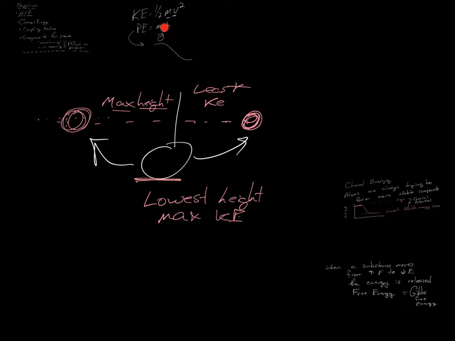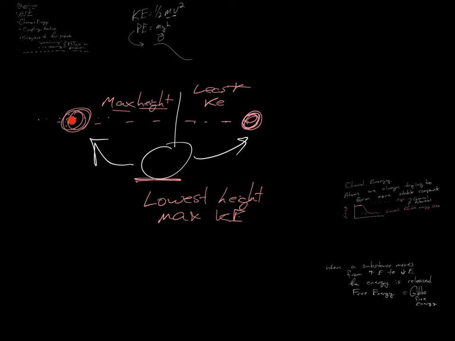Zero height, h is 0, so what's potential energy equal to? Zero. Now, here, the velocity, when it's up here at the top, is not high, probably 0, just before it starts to swing back down. So v is 0, so the whole kinetic energy is 0 up here.